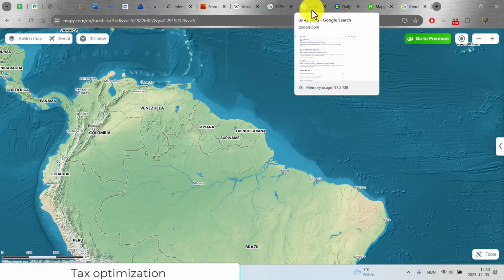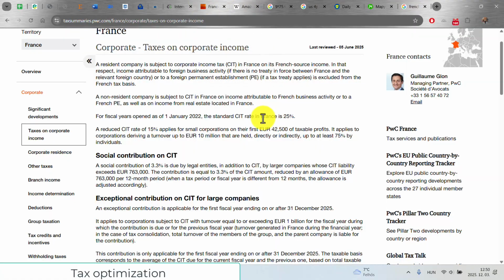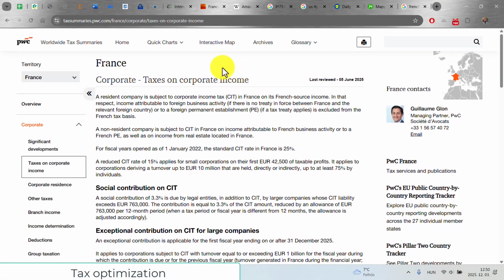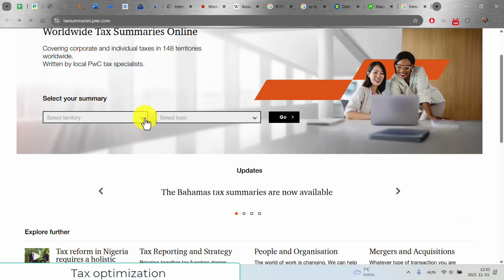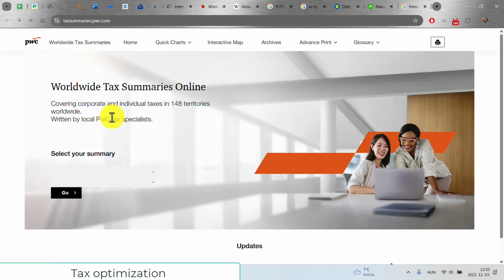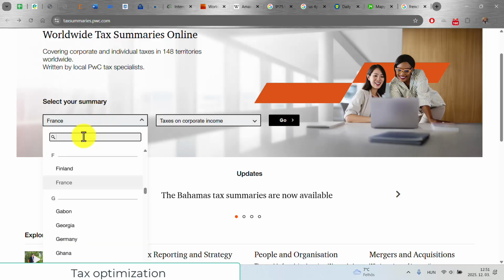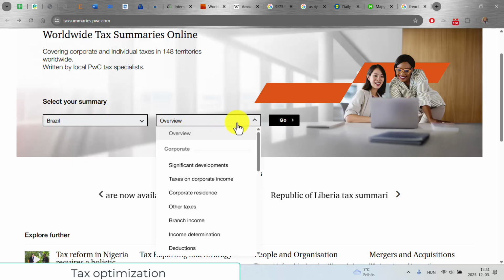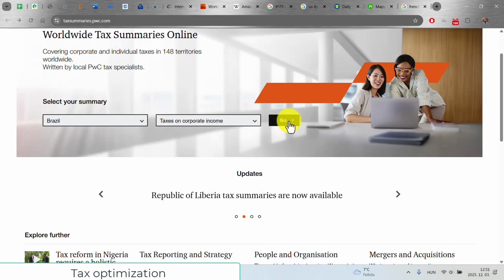Brazil is a nice place. In this case, we can just pick up PwC's current tax report, and then we can go for Brazil. Not the overview, but let's see taxes on corporate income.